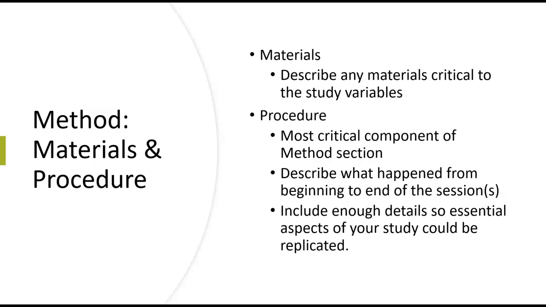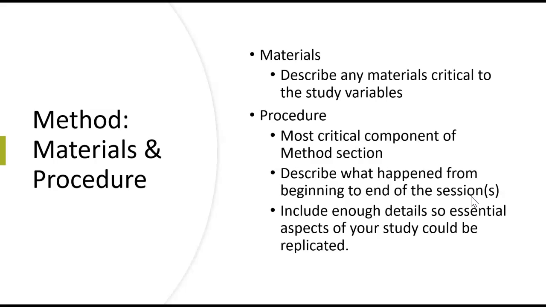Materials and procedure sections, again, there's some variability in how materials are described from one journal to the next. Materials, you have to think of as the ingredients list from a recipe. Include any materials, including references and citations for those materials.